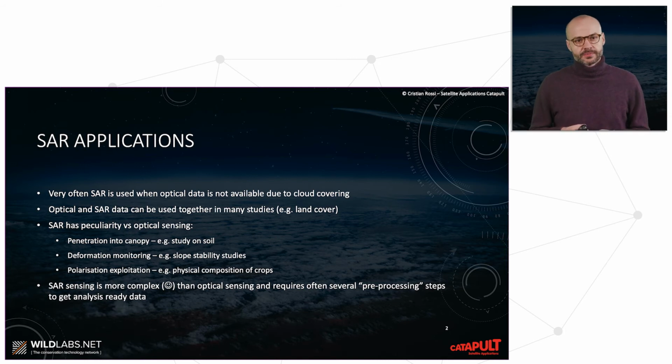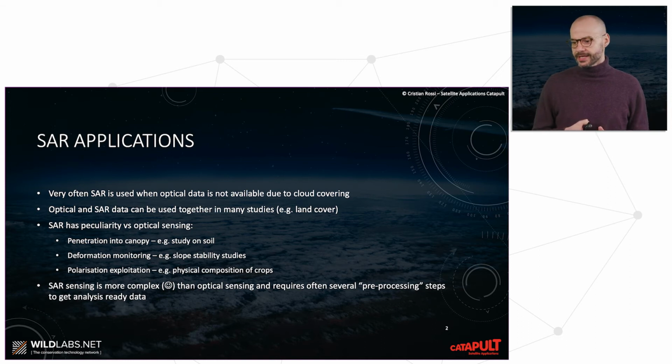Let's have before a description of the application, a bit of overview of why we need to use SAR. So we have seen that with optical remote sensing, we can trigger really lots of different applications. So why do we want to use SAR? Well, for a few reasons. Very often SAR is used when optical data is not available due to cloud covering.